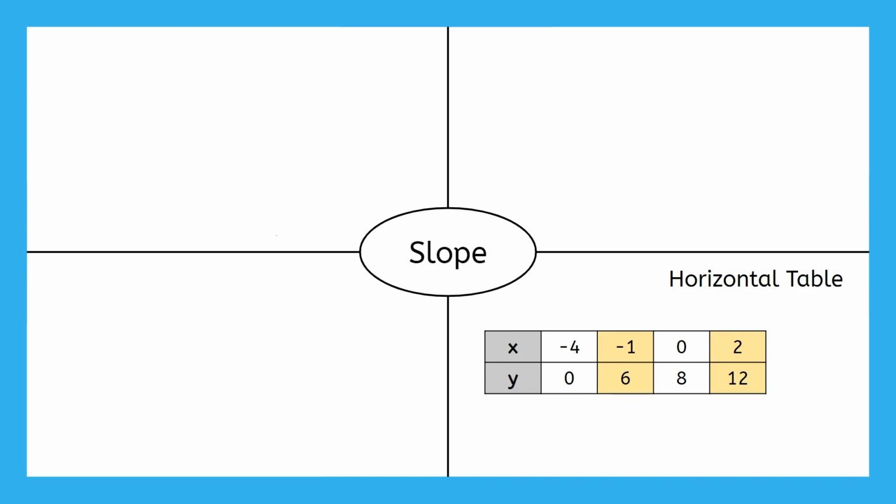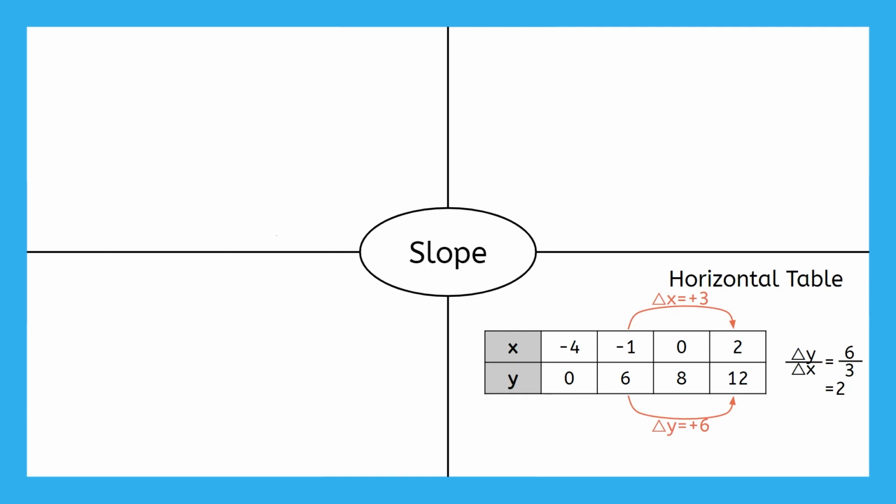The change in x here is plus 3, and the change in y is plus 6. I just have to be really careful putting my slope together because in the slope formula, y has to go on top and x has to go on the bottom, which is the opposite of how they're presented in this table. So my slope here is 6 over 3, or positive 2.